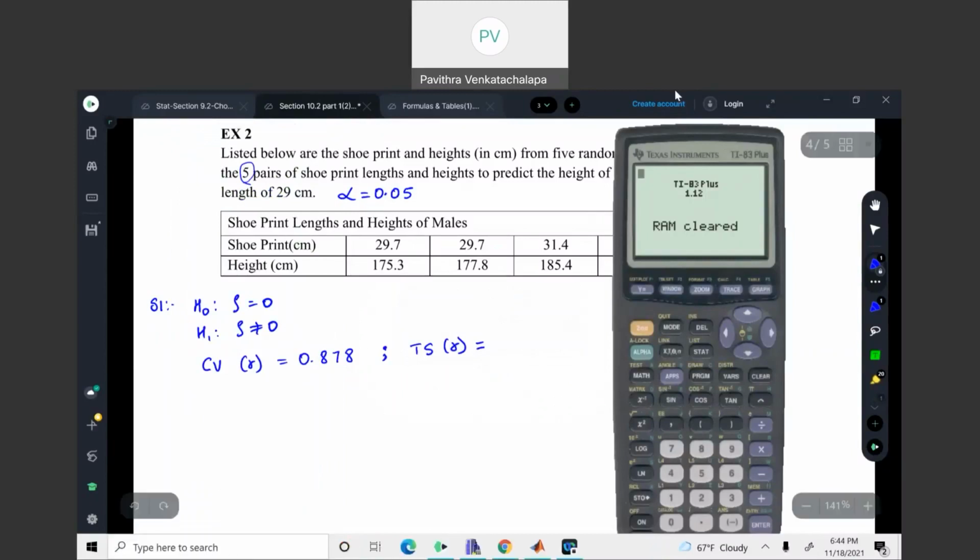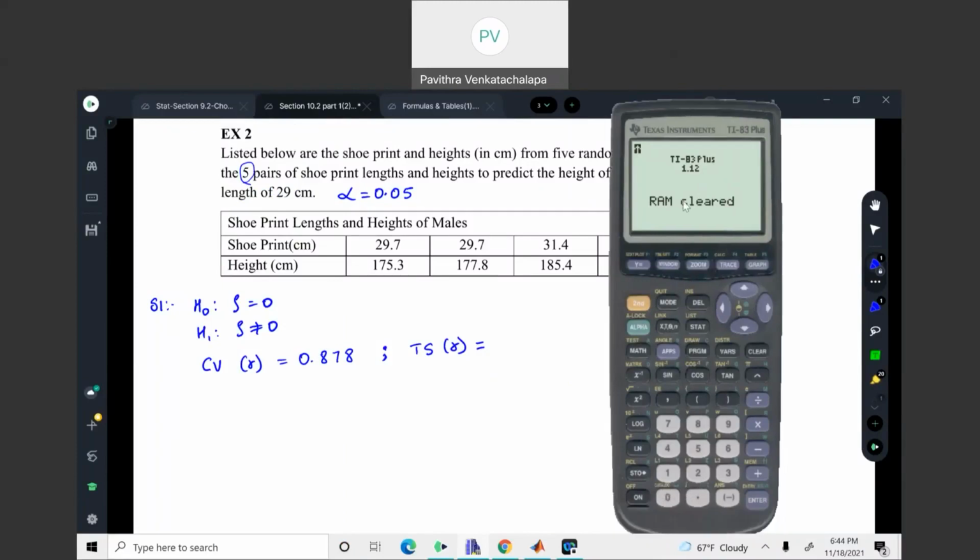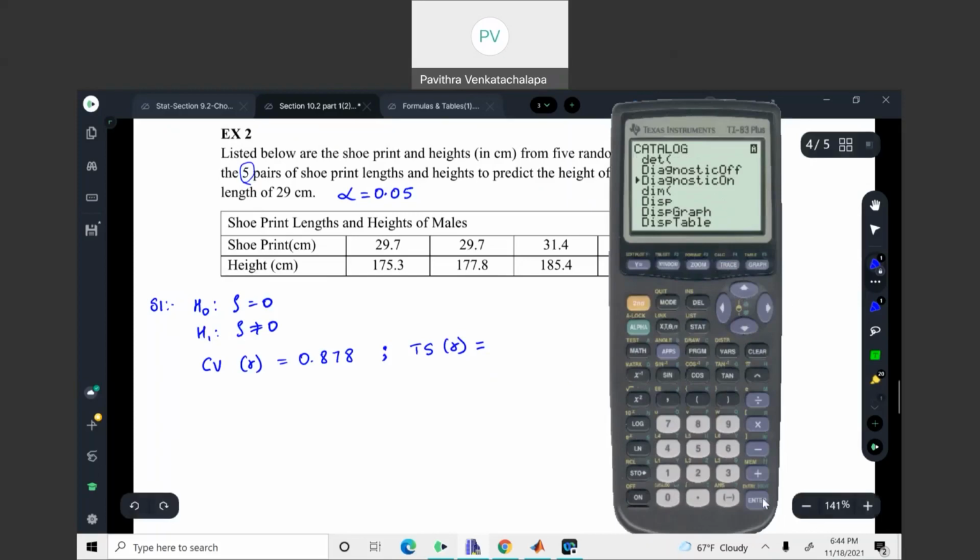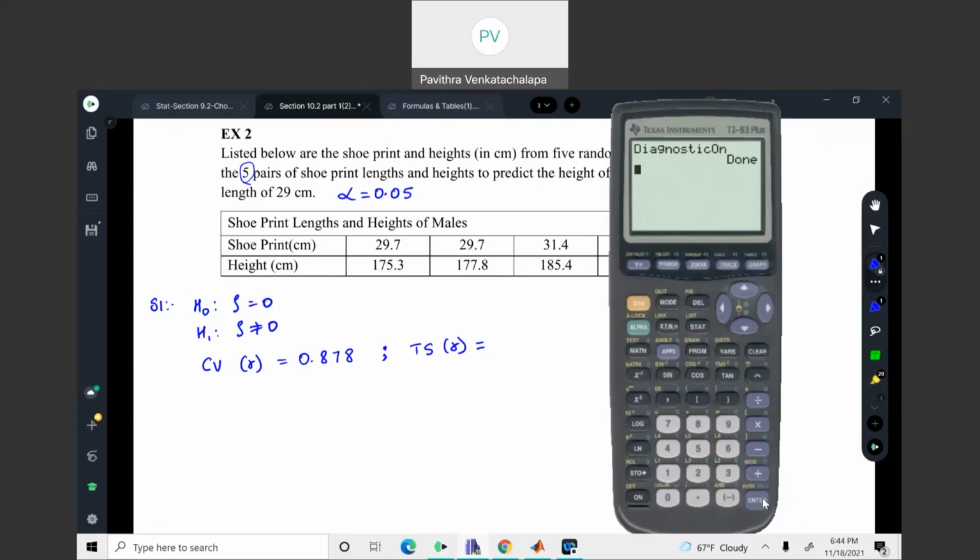To find the value of R, go to second and then catalog, or you can just press 0 on your calculator, and if you scroll down you will get DiagnosticOn. Keep scrolling until you get DiagnosticOn. Here it is. Once you do this you have to press enter twice. Remember, enter twice.